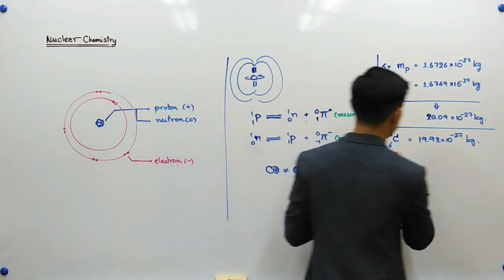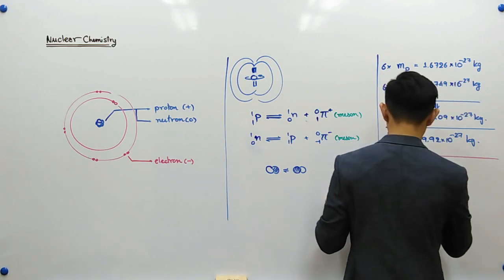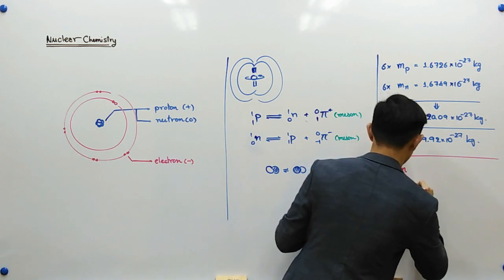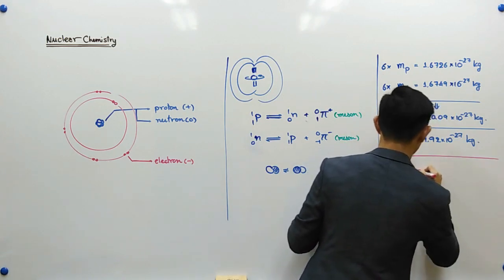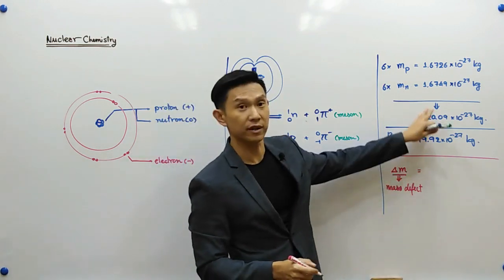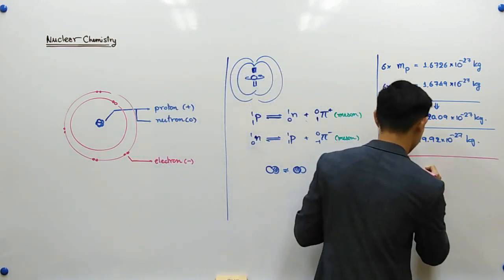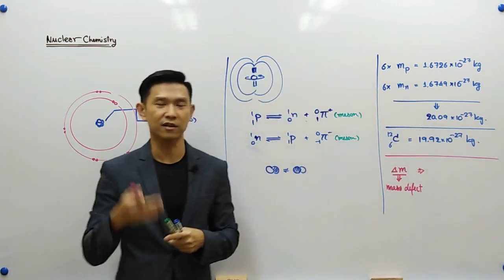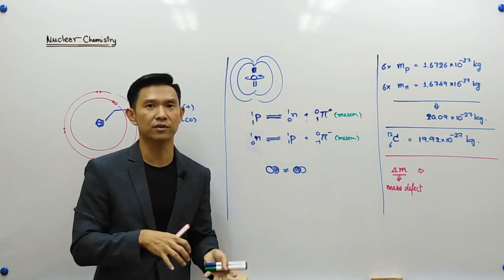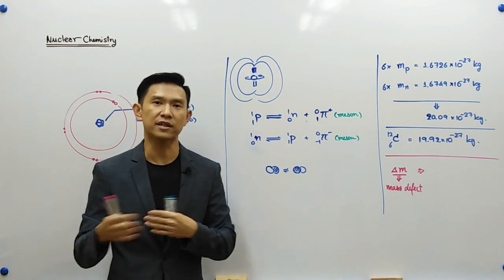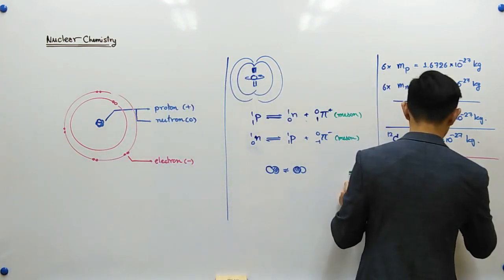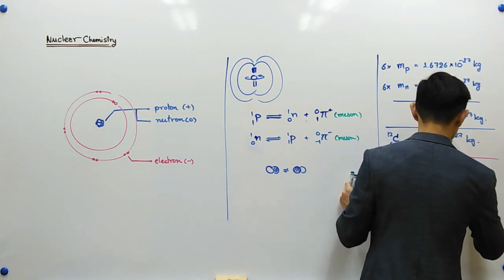So the mass loss over here is called delta M, or mass defect. The mass defect, the mass loss here, is transformed from the mass itself into energy. There is an energy and mass transformation, using this very famous equation, E equals mc squared.